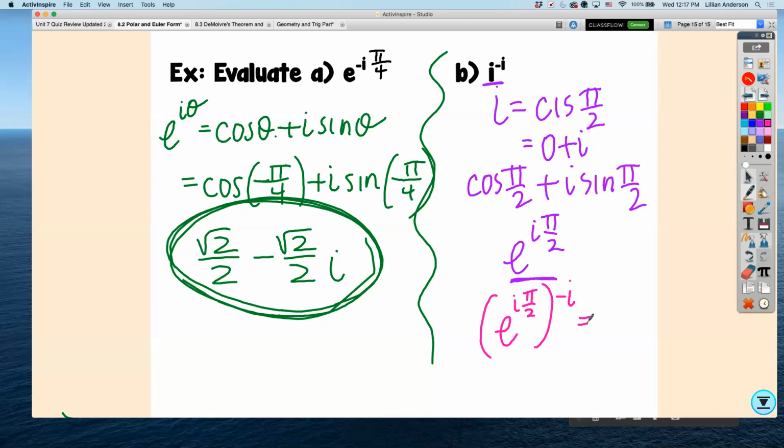You multiply those because it's a power to a power. So this becomes negative i squared times pi over 2. And what's i squared? Negative 1, but with the negative makes it a positive. So this becomes e to the pi over 2, and that is i to the negative i evaluated. That's Euler form. Essentially the same things you can do in polar form, you can do in Euler form.